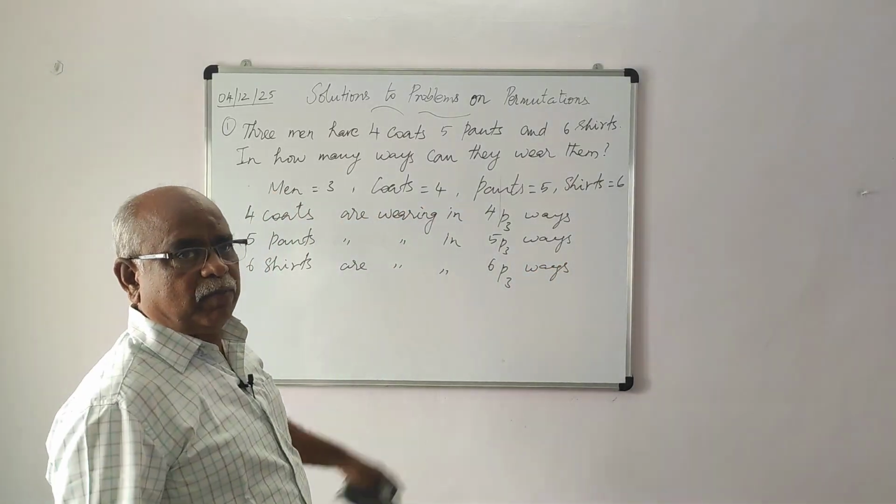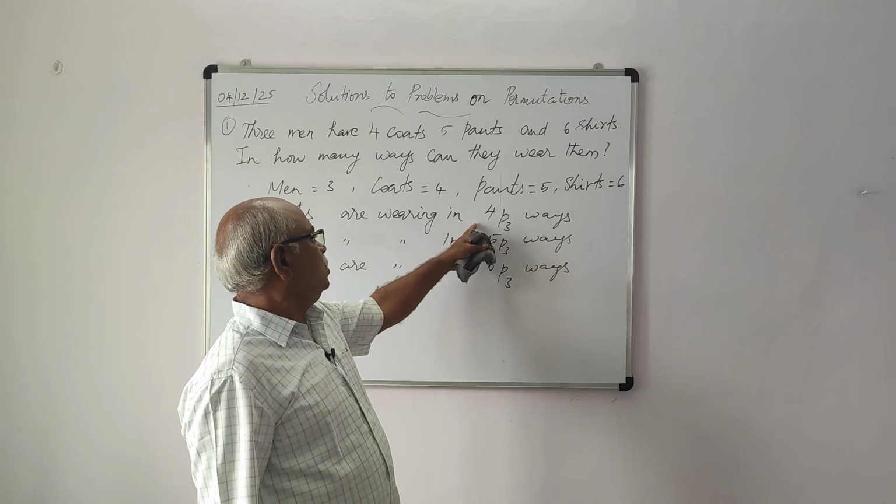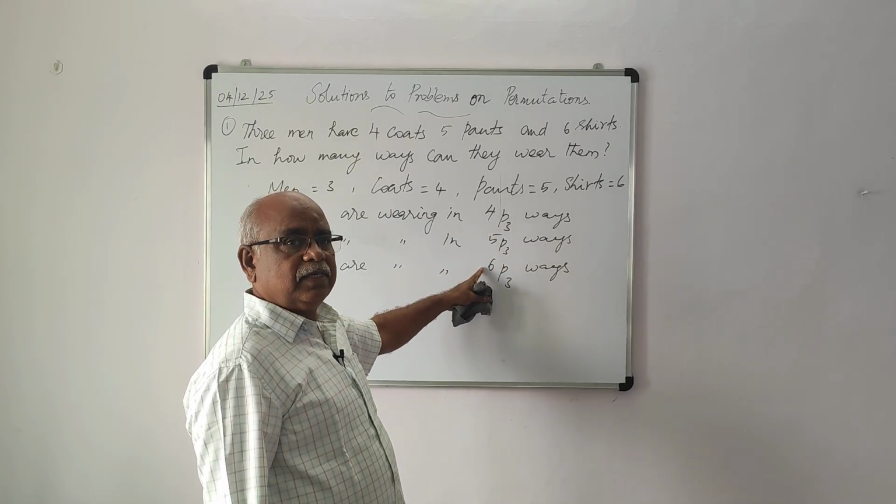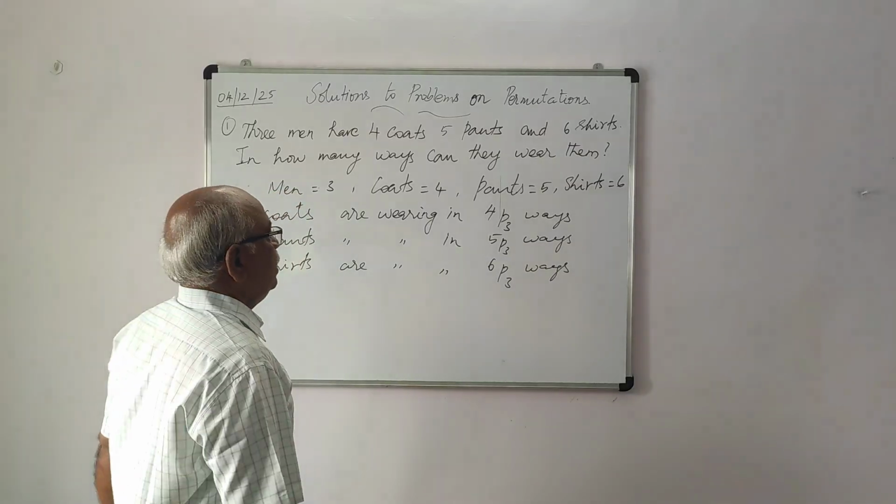So 4 coats can be worn in 4P3 ways because 4 coats are worn by 3 men, 5 pants by 3 men, 6 shirts by 3 men.